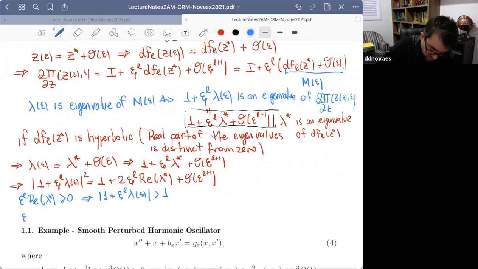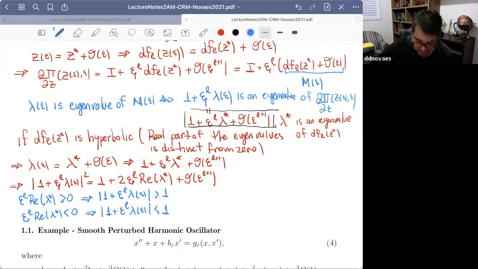And if epsilon L multiplied by the real part of lambda star is negative, then it is smaller than 1.